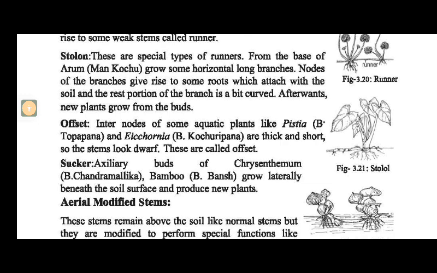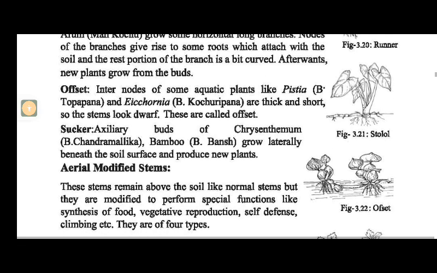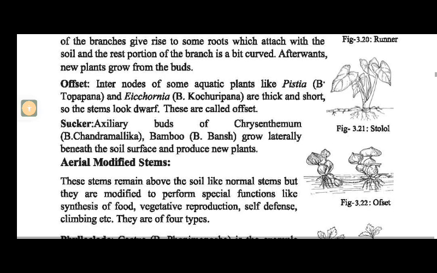Stolon. These are a special type of runner. From the base of the plant grow some horizontal long branches. Nodes of the branches give rise to some roots which attach to the soil, and the rest of the branch is bent and covered. Afterwards, new plants grow from the buds.